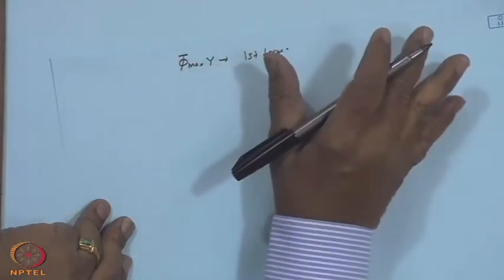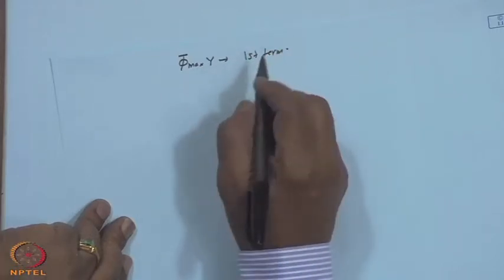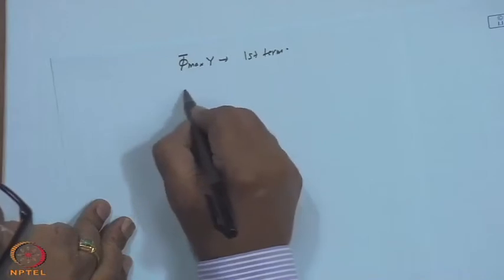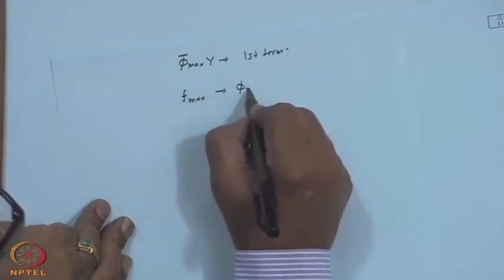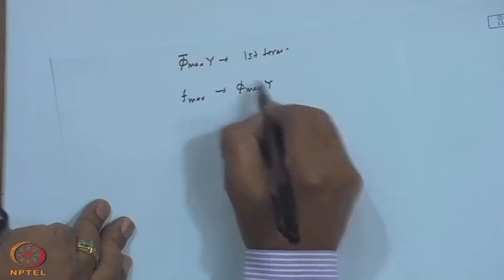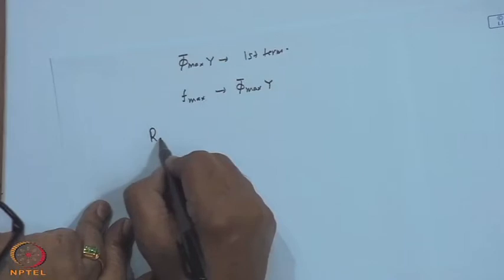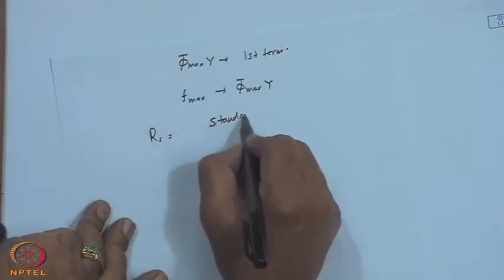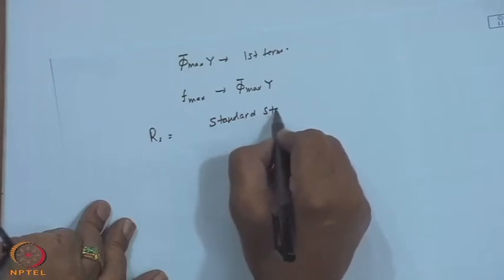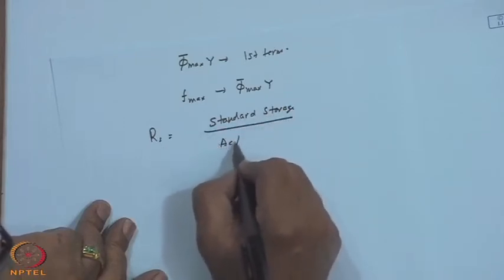If all the other nonlinearities in the second and third terms are assumed to be small or 0, you will get simply f, which will be the maximum, as phi bar max Y. And this also contains R_s, the standard storage by actual storage.